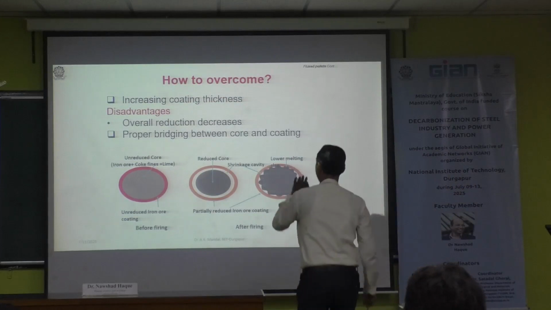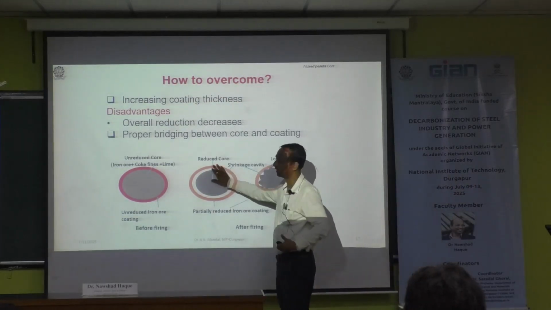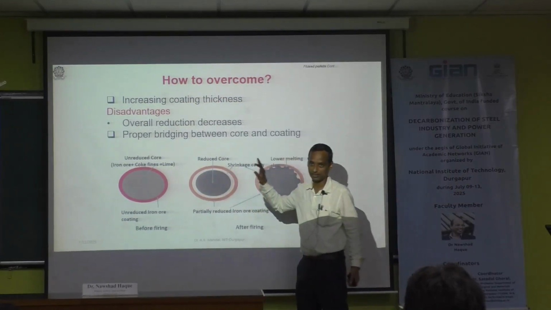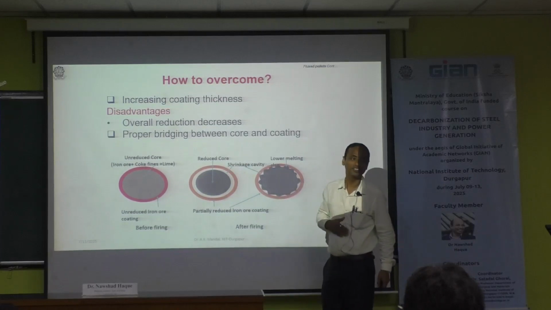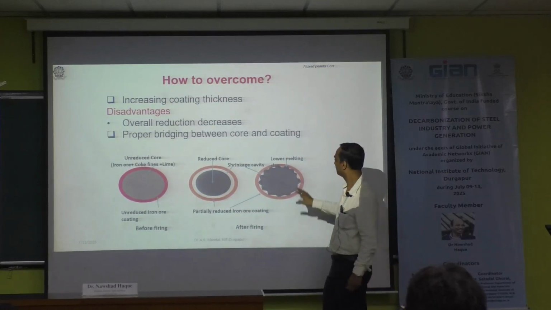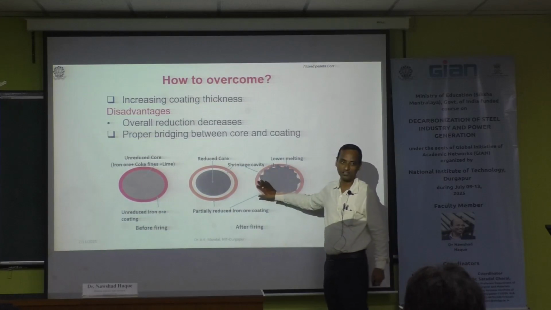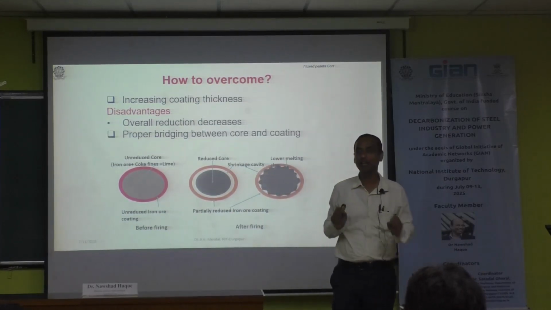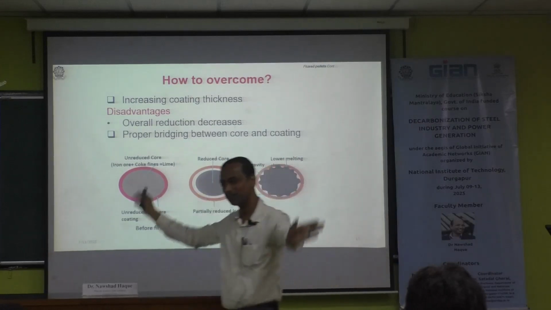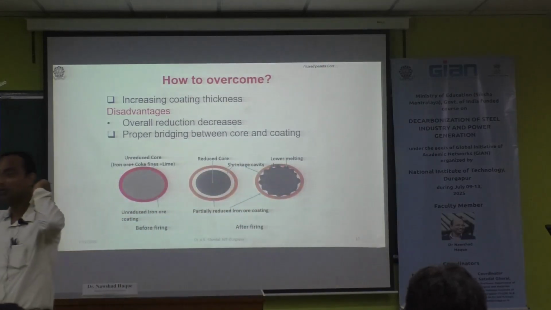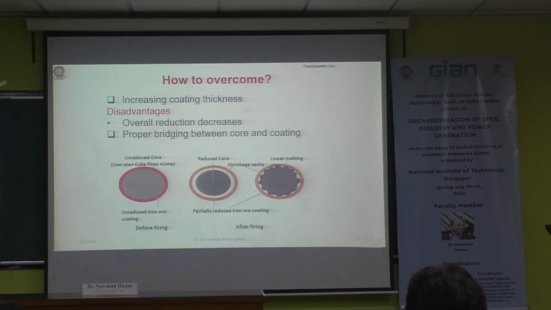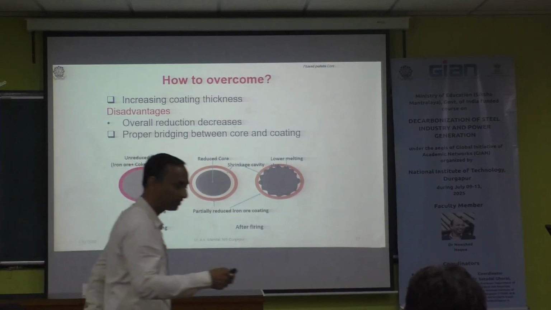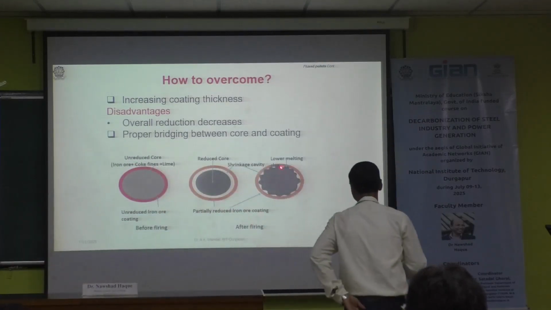Suppose this is the unreduced condition, and this is the reduced condition. Then sir told me to make an arrangement. It means the coating layers should be supported by some grades so that the coating layer strength will increase. Then we tried a lot to increase that.